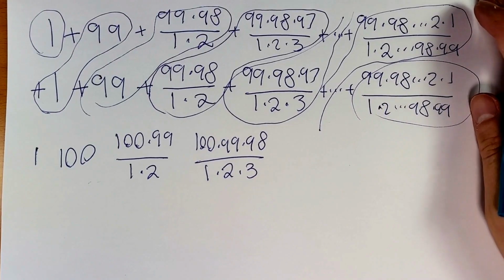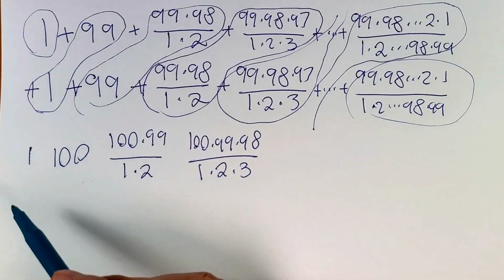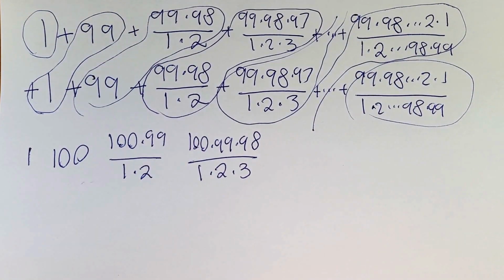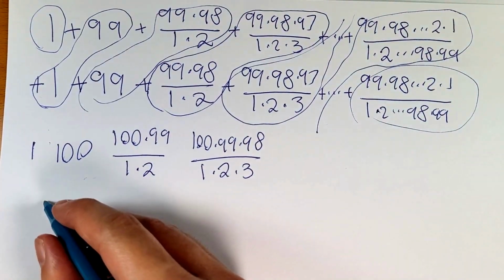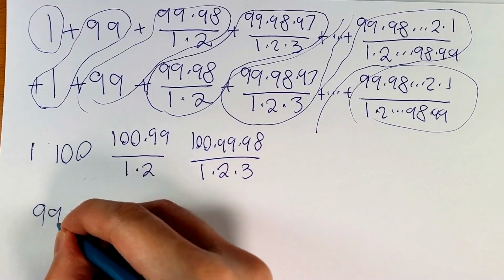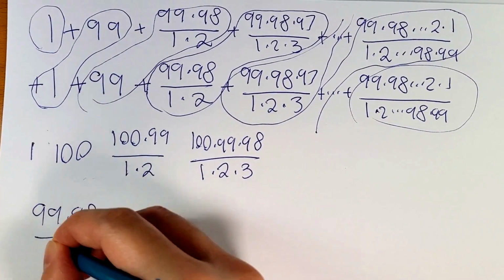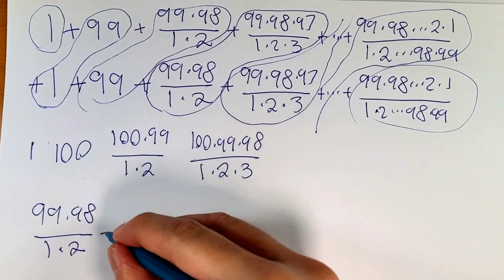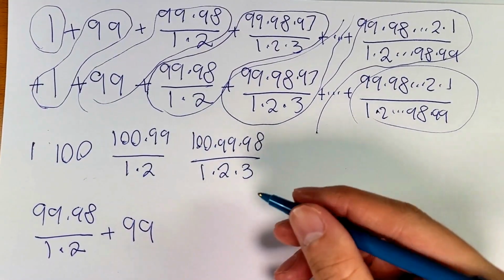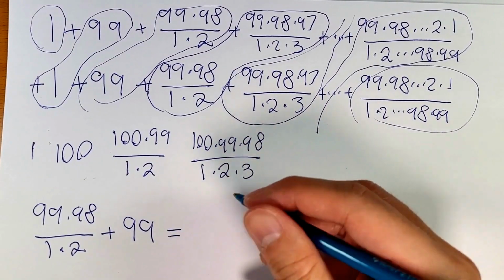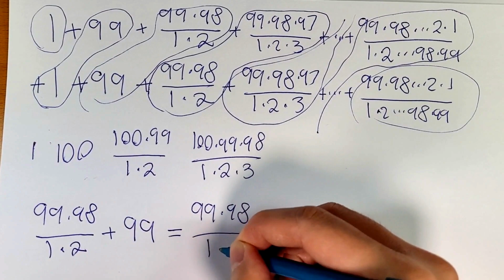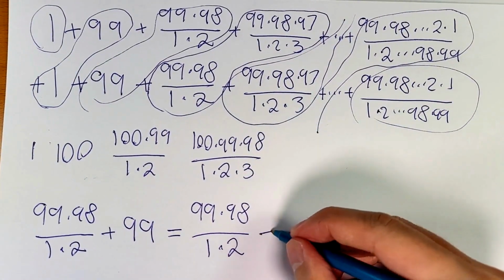It's clear that 1 equals 1 and that 1 plus 99 equals 100. So let's first take a look at 99 times 98 over 1 times 2 plus 99. I can rewrite this as 99 times 98 over 1 times 2 plus this number.